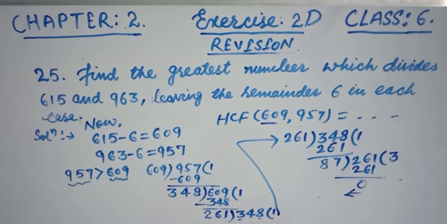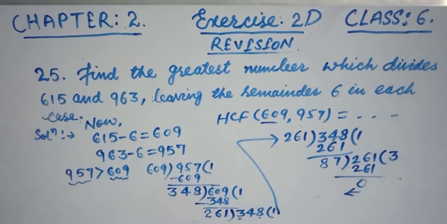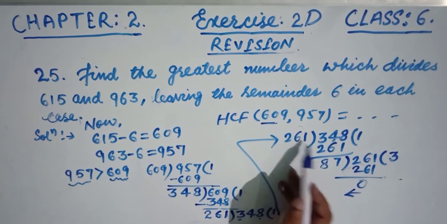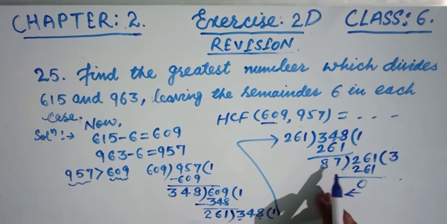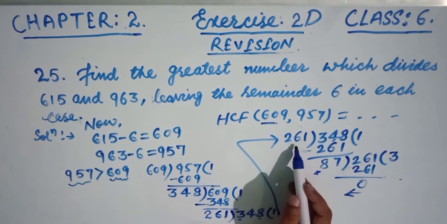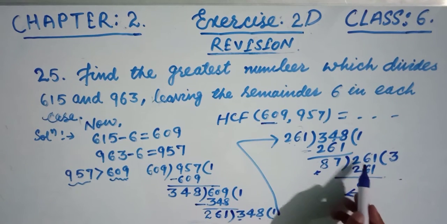Then 348 is divided by 261. Because the remainder is not 0, we have to proceed until the remainder is 0, then stop. The divisor of that step is called the HCF. Now 261 goes one time, and after subtracting we get 87, friends. Now 87 becomes the divisor and 261 the dividend.